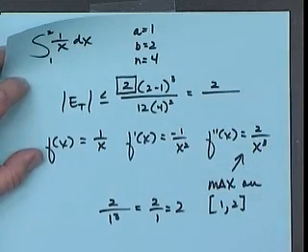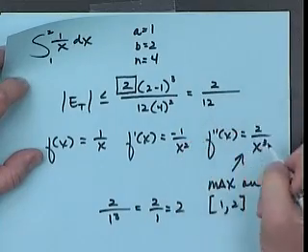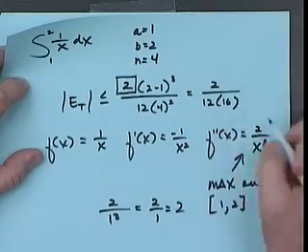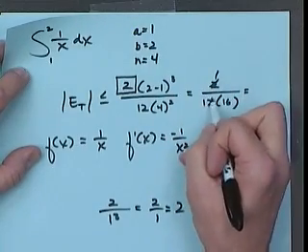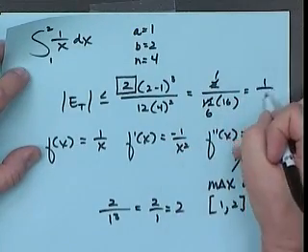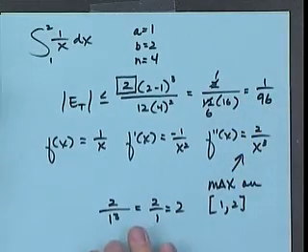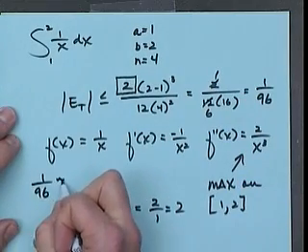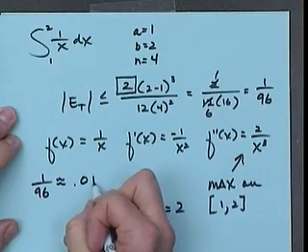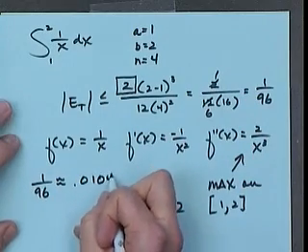Denominator is 1 over 96. Somebody give me a decimal for 1 over 96. 0.01. 0, 1, 0, 4. Yeah.